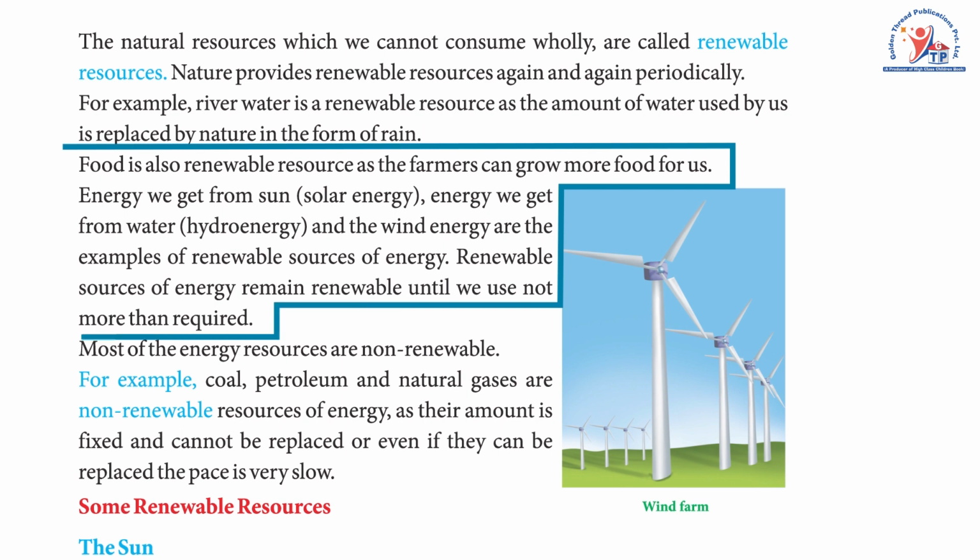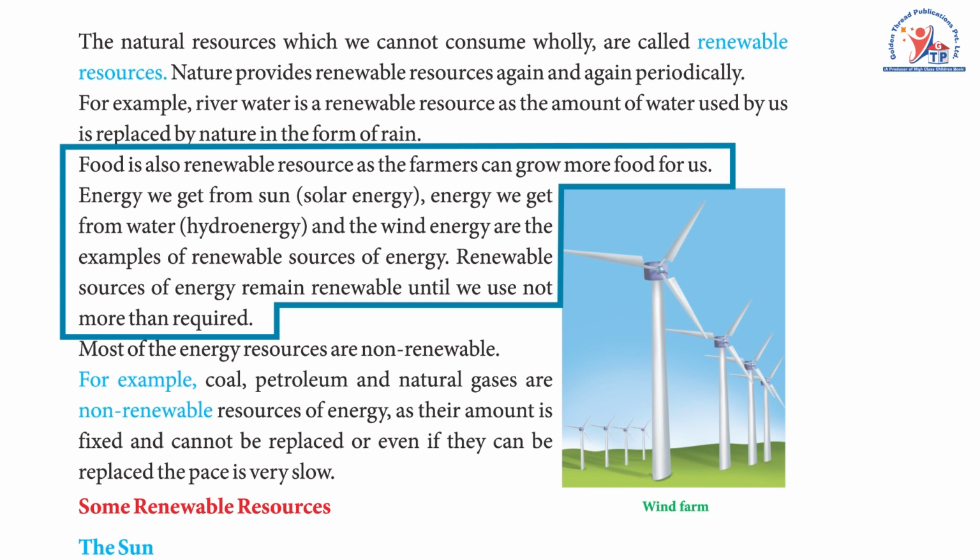Food is also a renewable resource as the farmers can grow more food for us. Energy we get from sun, solar energy, we get from water, hydro energy, and the wind energy are the examples of renewable sources of energy.